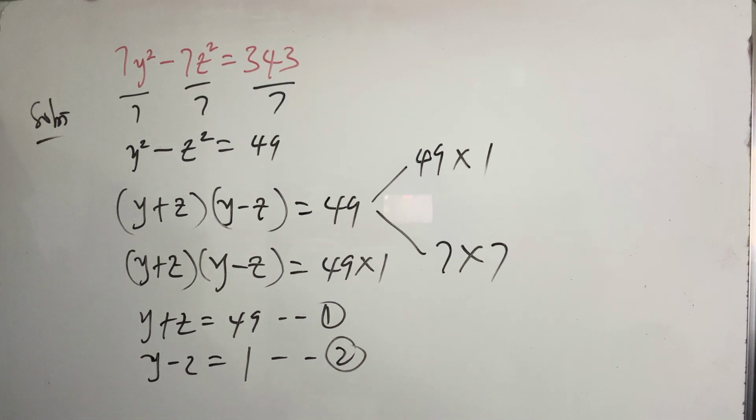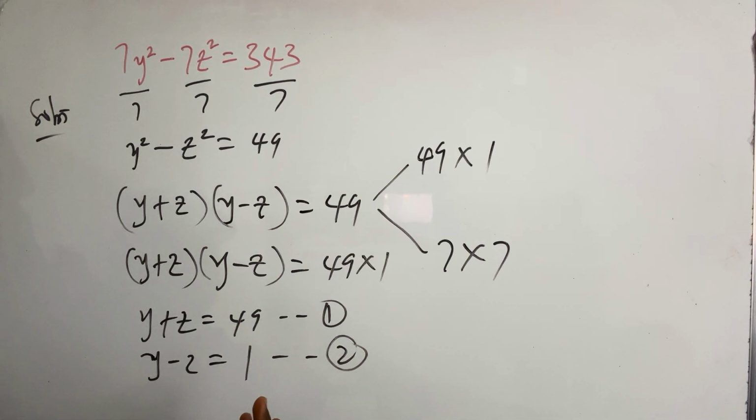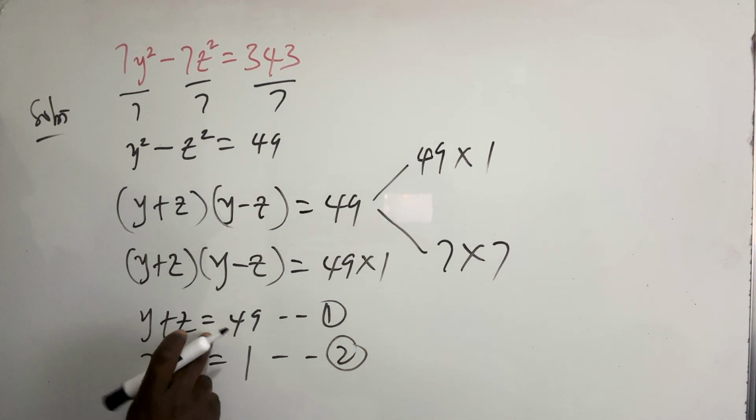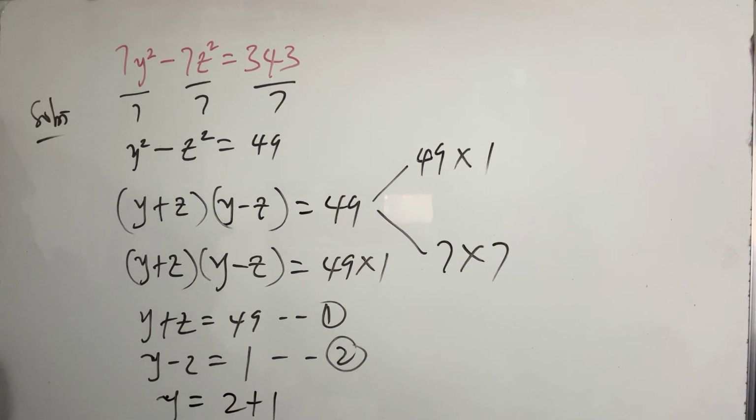Now we can solve it. You can decide to make y or z the subject of the formula from equation 1 or from equation 2. If we use equation 2, we have that y is equal to z plus 1.